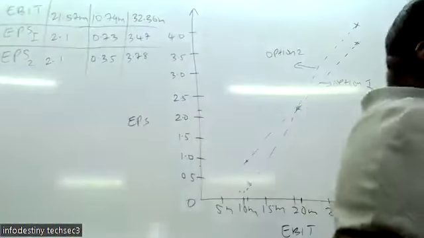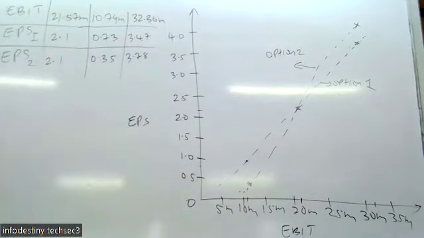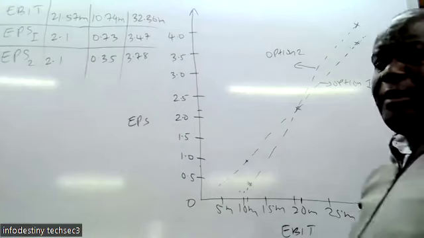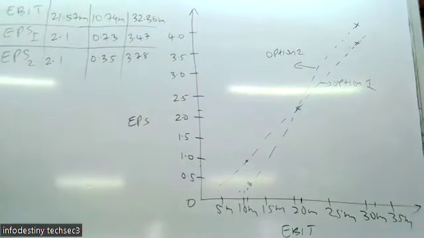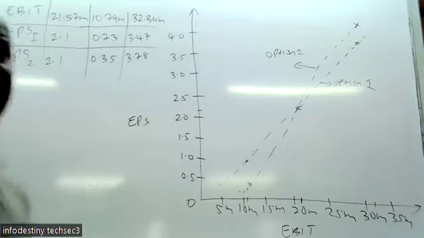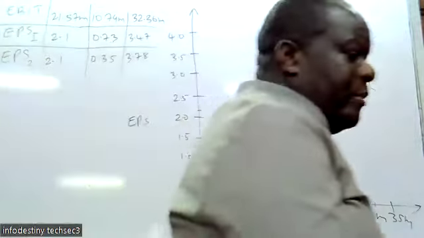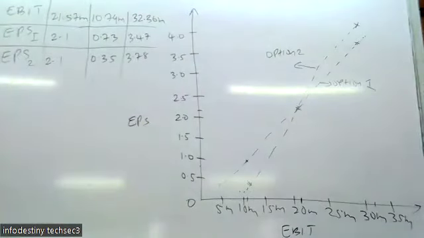However, where the earnings before interest and tax is above the point of indifference, i.e., at 21.57 million and above, select option 2.